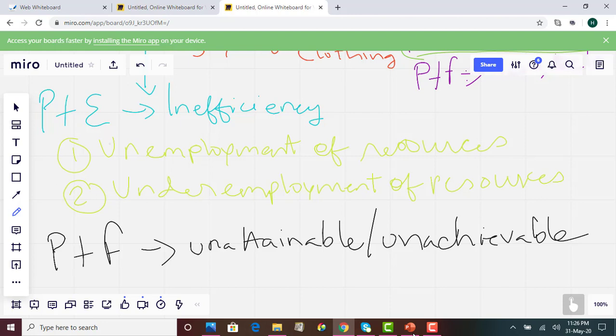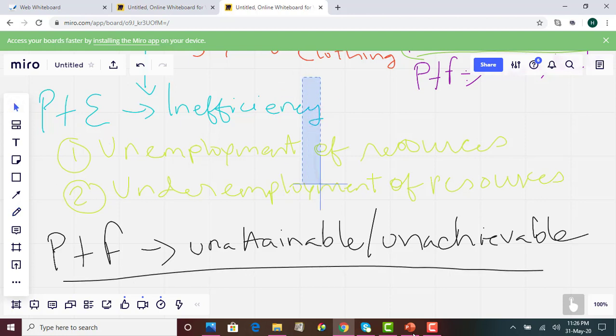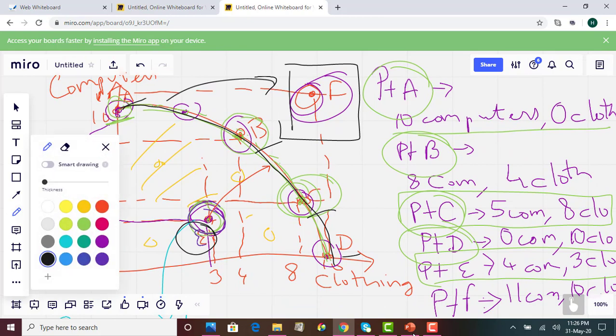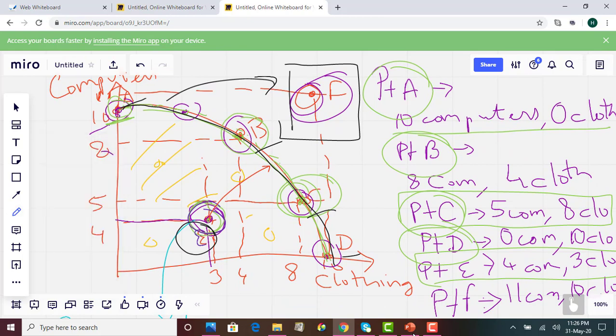What that means is, given the amount of resources you have and given the technology you have, it is not possible to produce that combination for the economy. Basically, given the amount of resources and technology I have, it is not possible to produce 11 computers and 10 clothings.